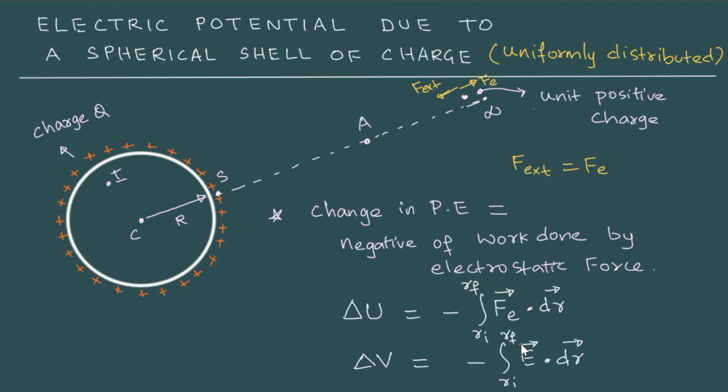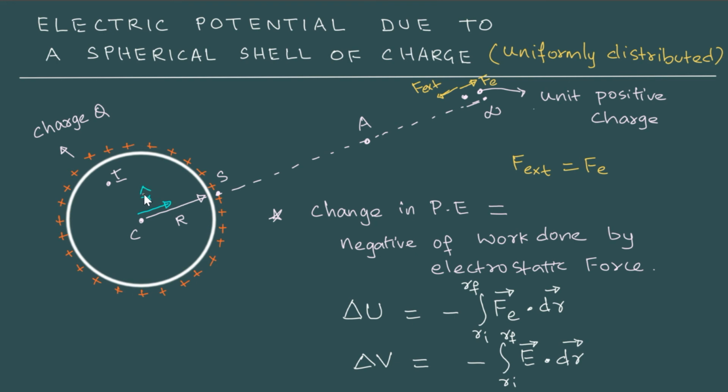Now when we are calculating the integral, we are dealing with vectors inside the integral. So for handling the vectors, the dot product, I would suggest taking a unit vector that points away from the center. This is a unit vector r cap.